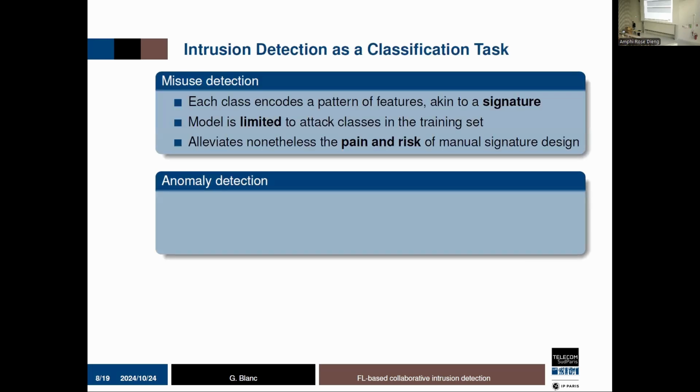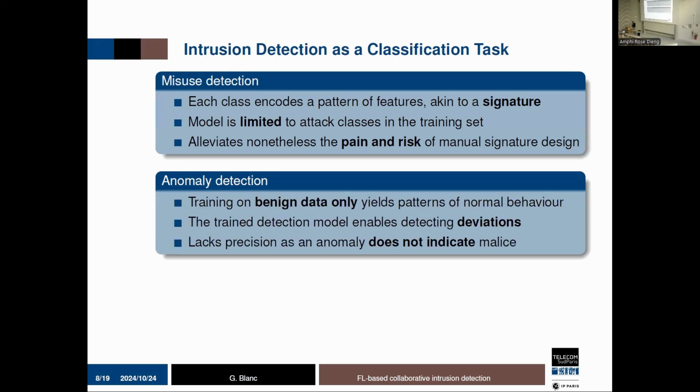As a classification task, we can also do misuse detection based on machine learning. It's just like learning the different attack classes, at least that's how I'm making the distinction. While for anomaly detection, you preferably learn on legitimate data, so your own data.